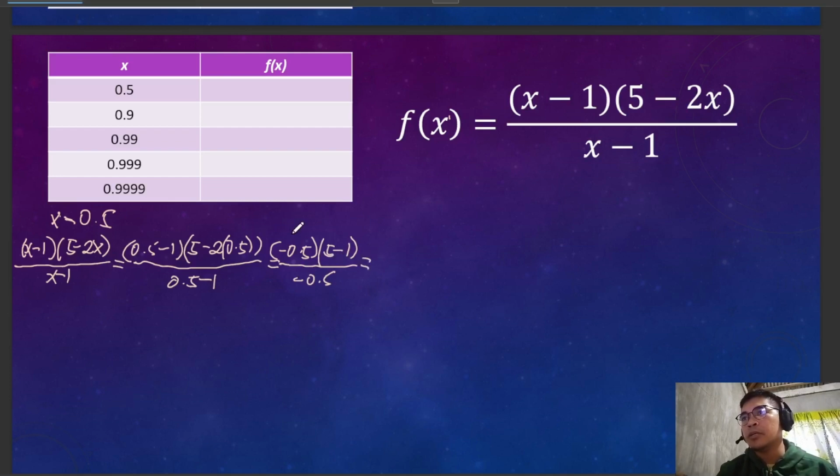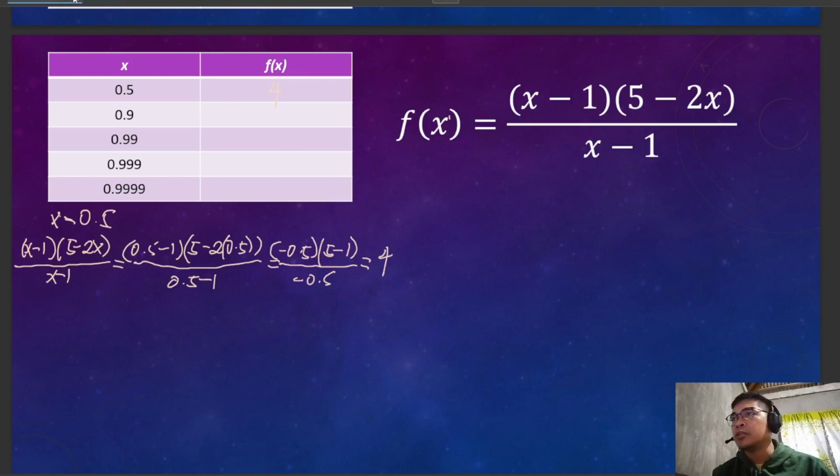And furthermore, you may cancel this one. Right? Negative 0.5 divided by negative 0.5, that is 1. So 5 minus 1, that is 4. So in 0.5, our output is 4. Maklaro. So that is 4.